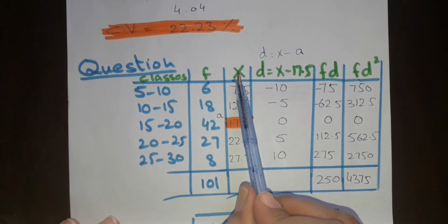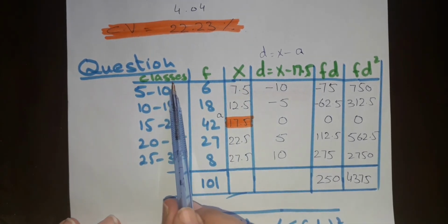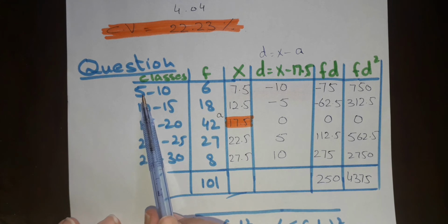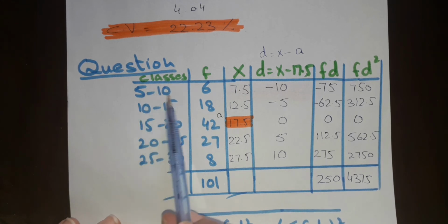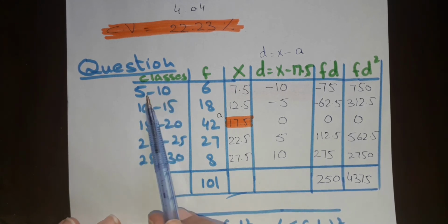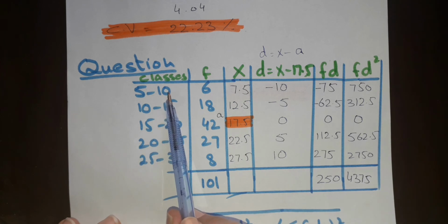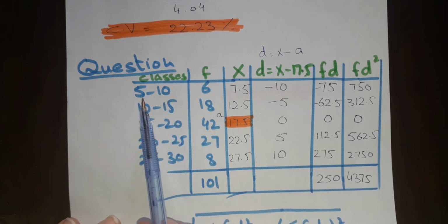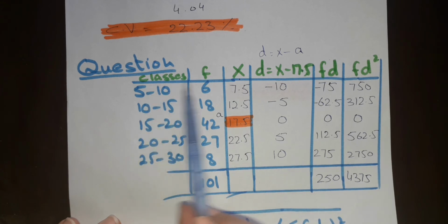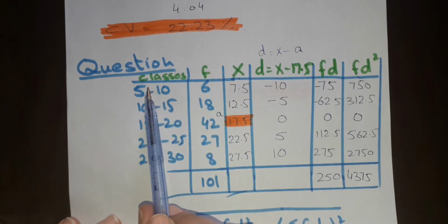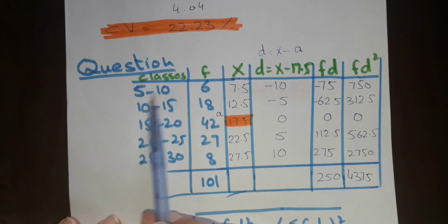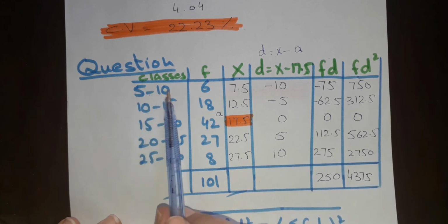How can we make the X column? From classes, add these two values. What will it become? 5 plus 10 becomes 15, and divide 15 by 2. We add both of these and then divide by 2, and we get the most central value of these two values.